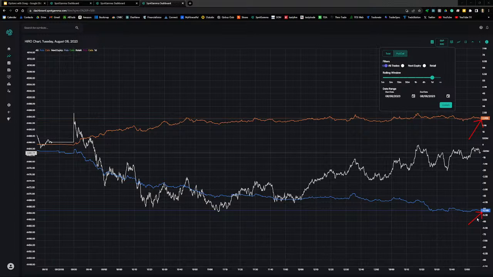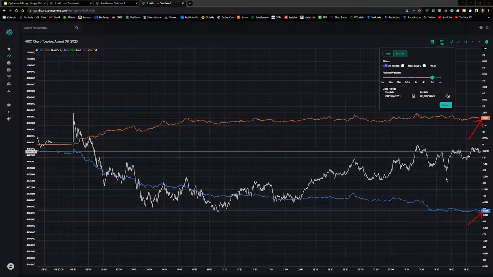And so far the put buyers are more aggressive than the call buyers, minus 5 billion versus positive 2 billion. And for most of the morning, the put buyers were rewarded until again around noon, when price started to move higher as aggressive buyers came in.